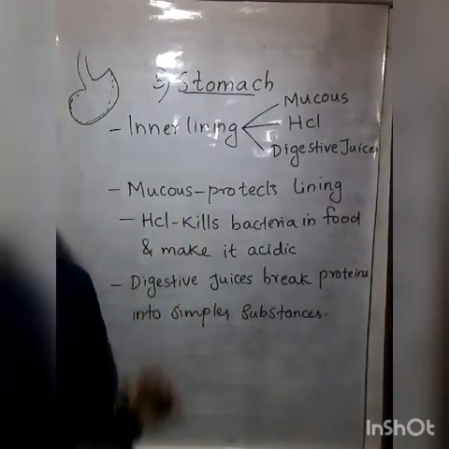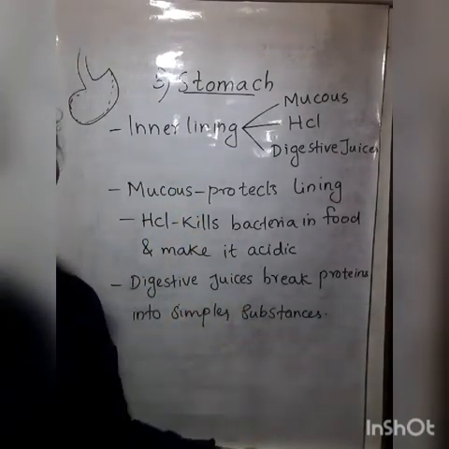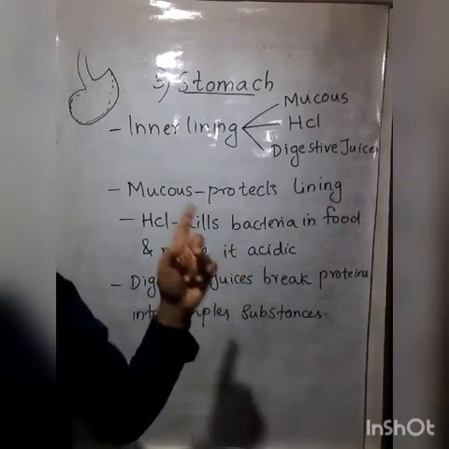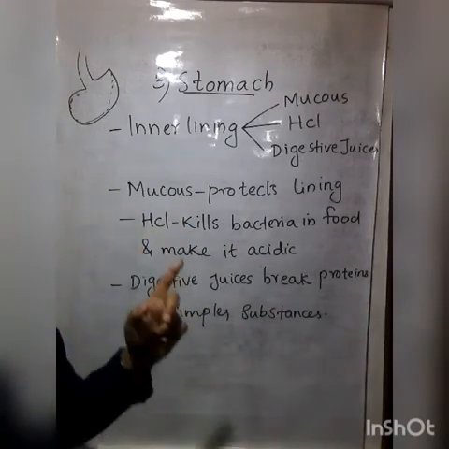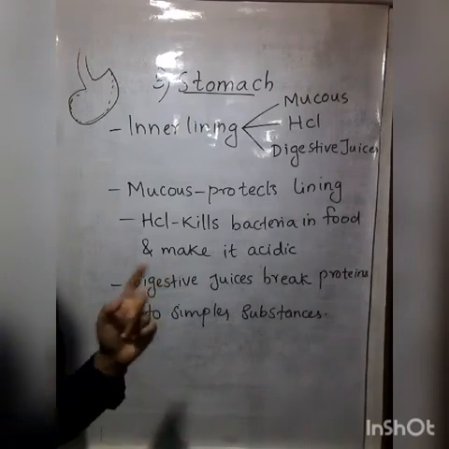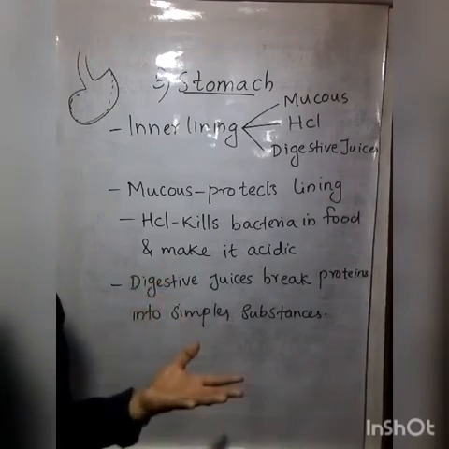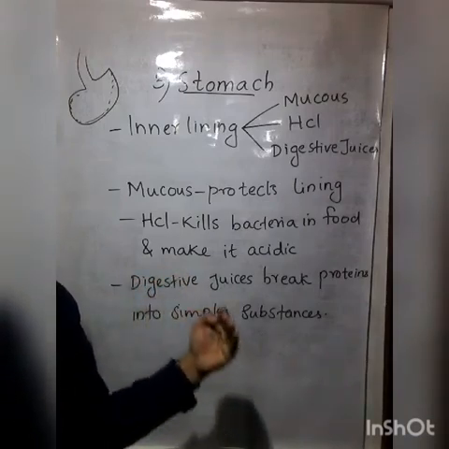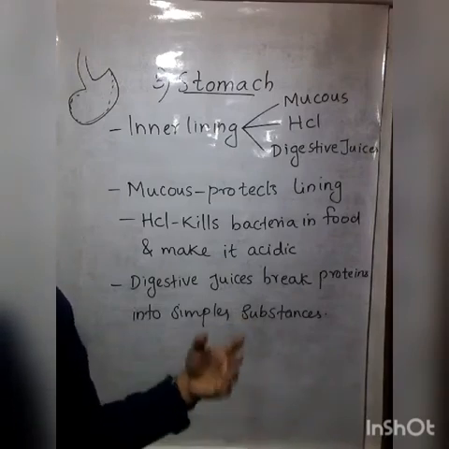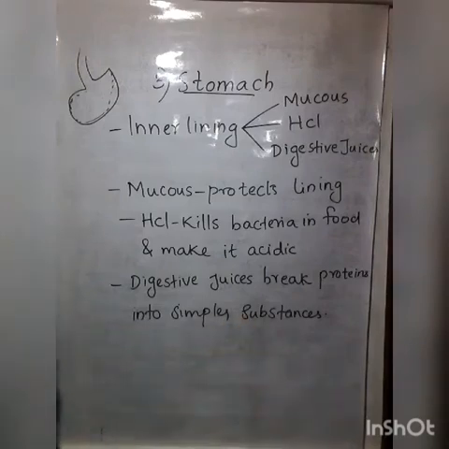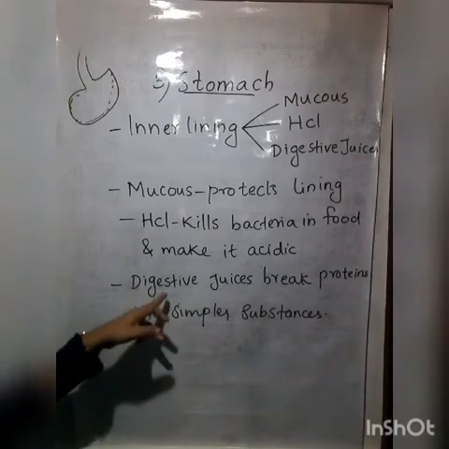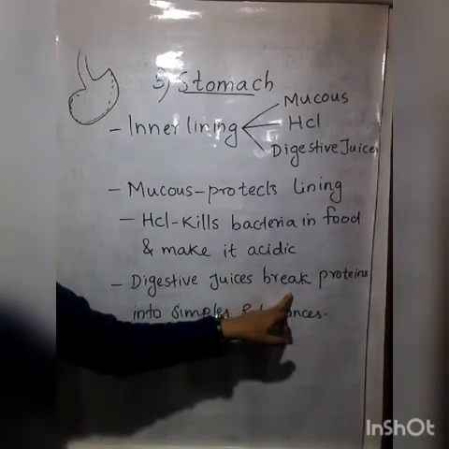The first breakdown happens in our buccal cavity. What's happening there? The starch is broken down into sugars. Who does that? Saliva. Saliva breaks down starch or carbohydrate into sugars. Here the second one is digestive juices, which break down protein.